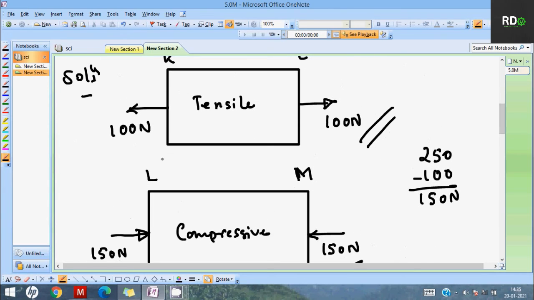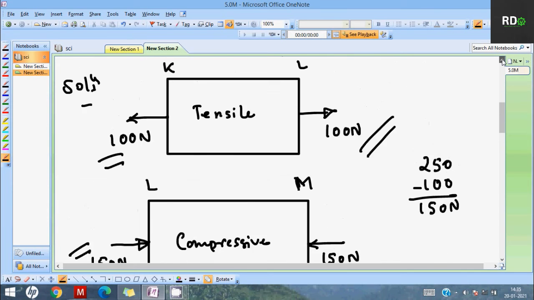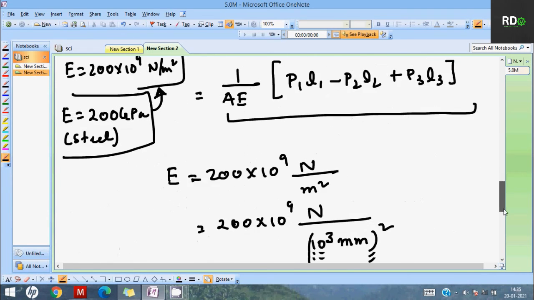P1 is 100 Newton, P2 is 150 Newton, and P3 is 50 Newton. So we'll put the values accordingly. L1 is 500, L2 is 800, and L3 is 400. All are in mm, please mind that.